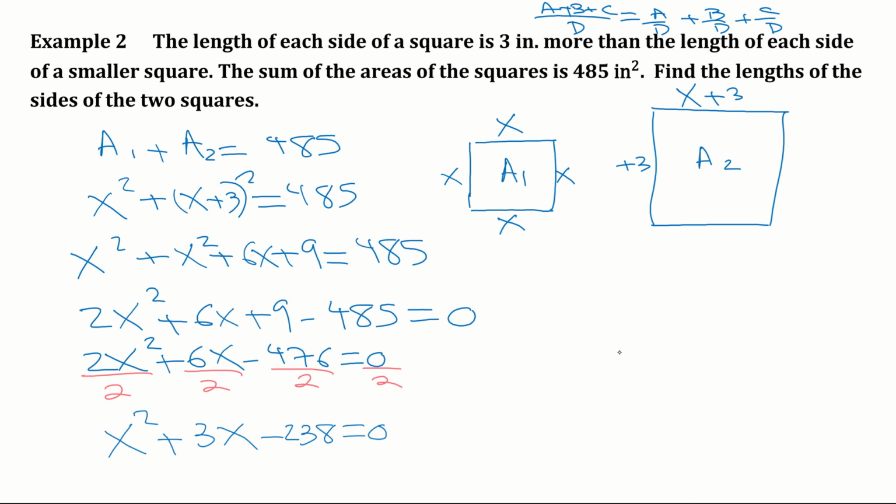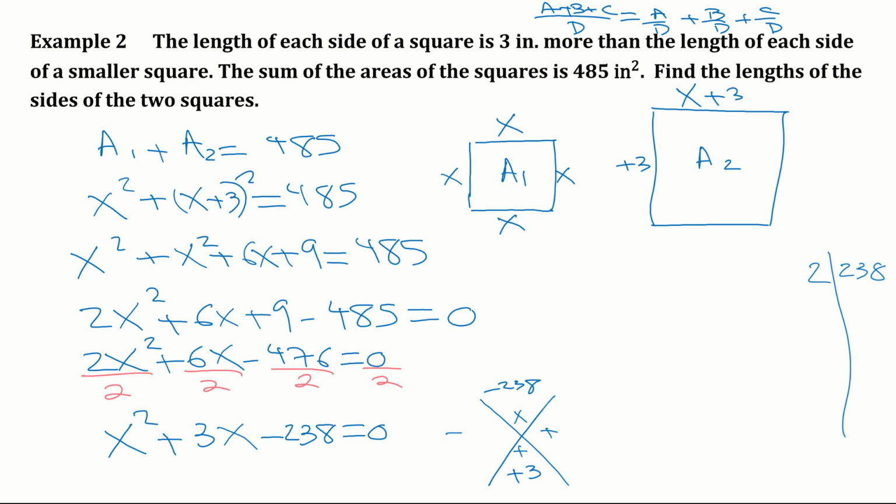We're looking for two numbers whose product is negative 238 and whose sum is positive 3. So again, the numbers need to be pretty close to each other so that their sums become 3, and one again has to be negative, one has to be positive. We know all that. So now we go ahead and factor 238.